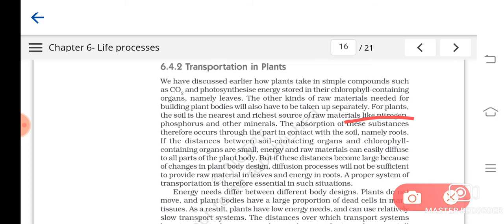Is it clear? So in this way only absorption takes place. So by diffusion and by osmosis, etc., water enters into the root hairs.